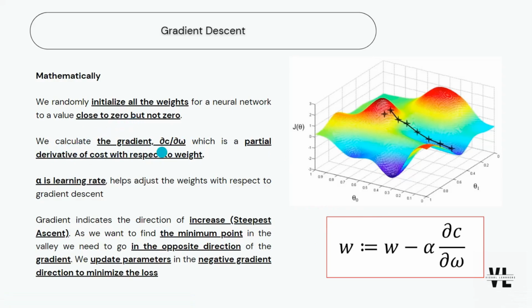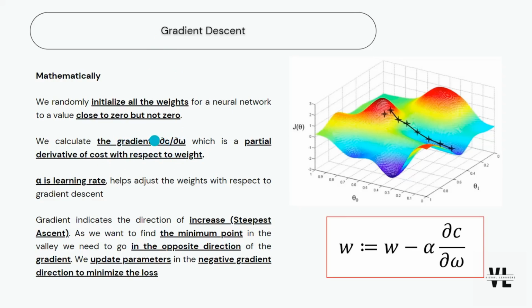We calculate the gradients, which is the derivative of the cost function with respect to all the parameters, a partial derivative of the cost with respect to the weight. So the first step before using an optimizer is to compute the gradients by using the concepts that we have learned in a previous video.